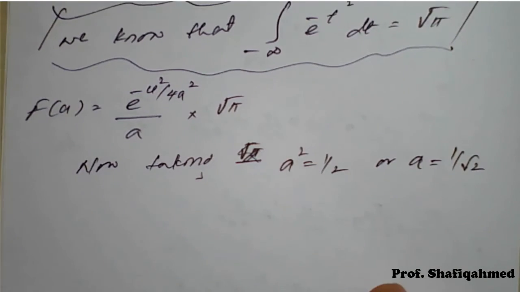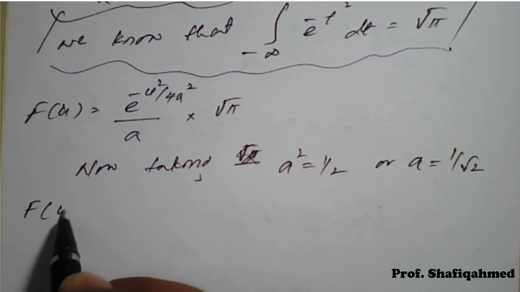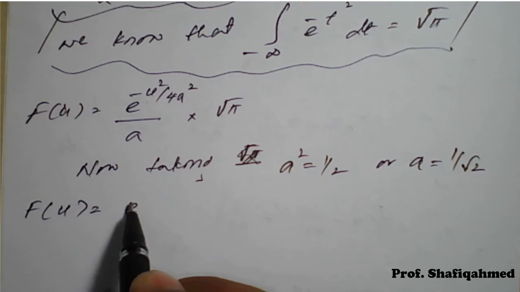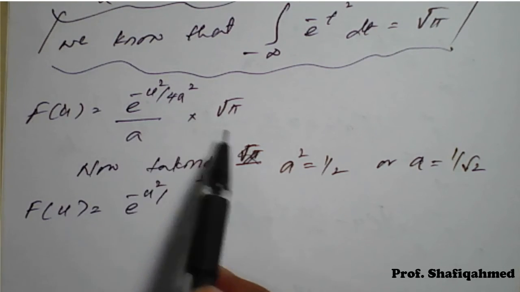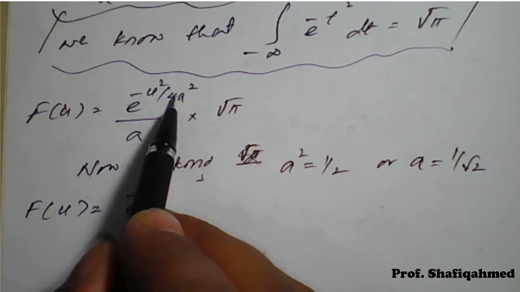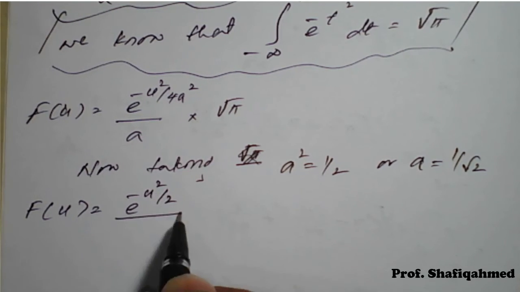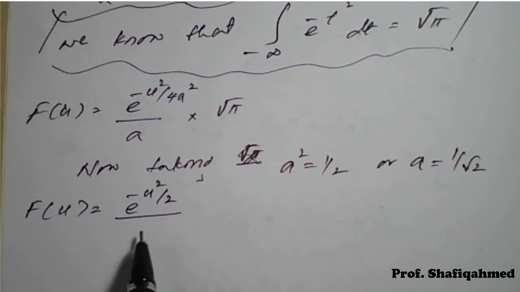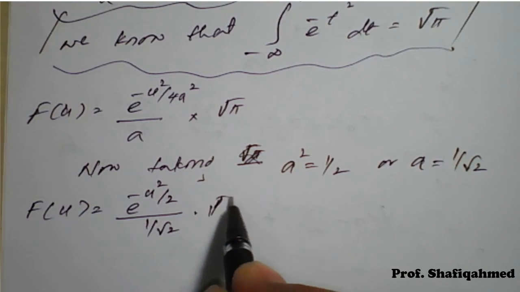So therefore on applying in f of u, f of u is equal to e raised to minus u square upon this a square, which is 1 by 2, so it will become 4 by 2. 4 by 2 is nothing but 2, divided by a value which is 1 by root 2, and into root pi as it is.